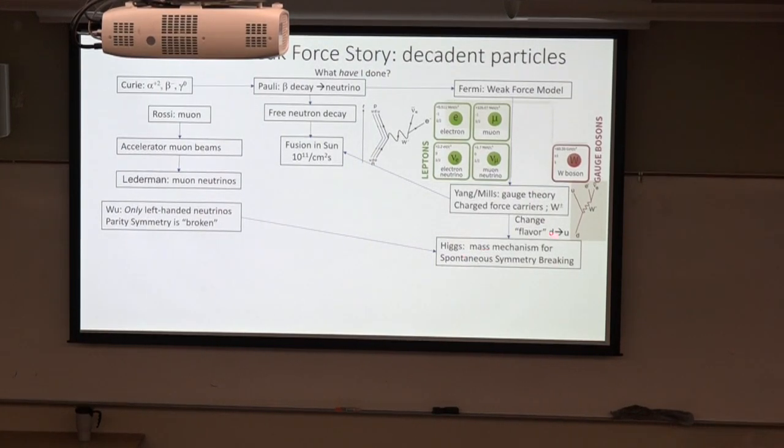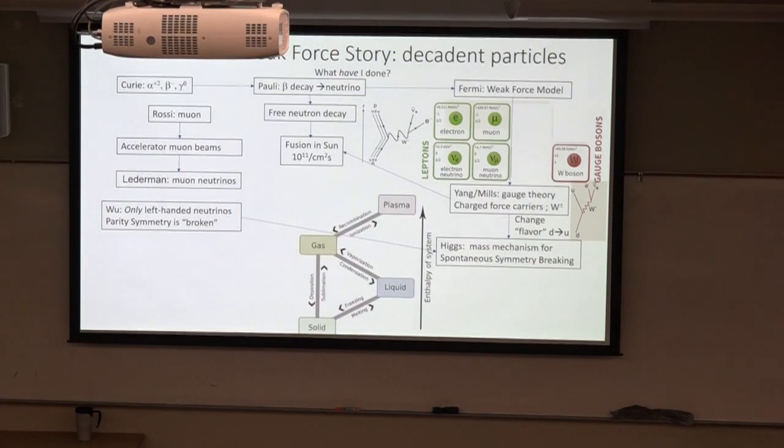He says that if I have a mechanism that will break my symmetry, it actually gives mass to these things, and it joins together both my electrical force and my weak force to make one thing called the electroweak force. You can think about it like this: I have states of matter, gas, liquid, solid, and I worked in plasma physics, so I always include plasma.